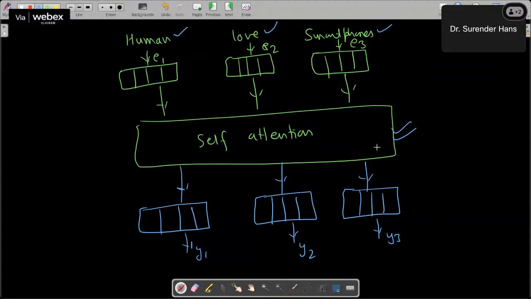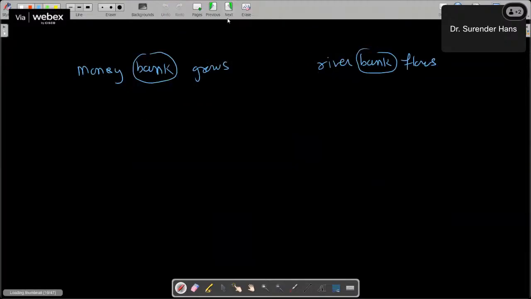Okay, so far, is there any doubt? This bank and that bank are the same word but in different contexts. Here it is money, here it is river, so the meaning of these two words is not the same.